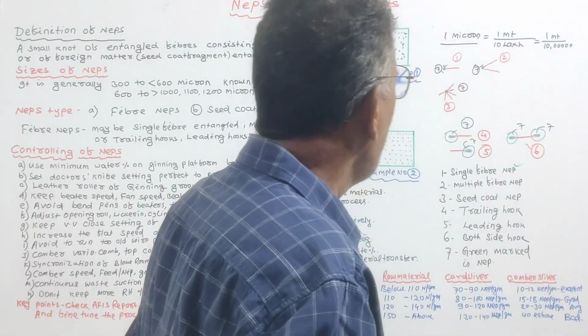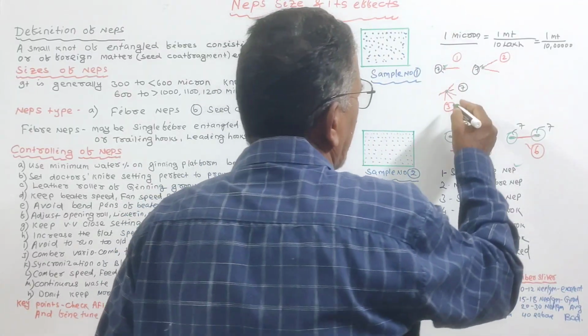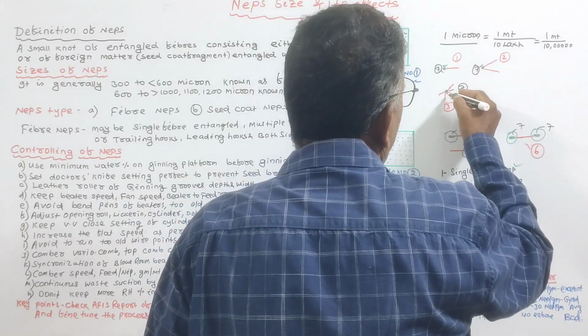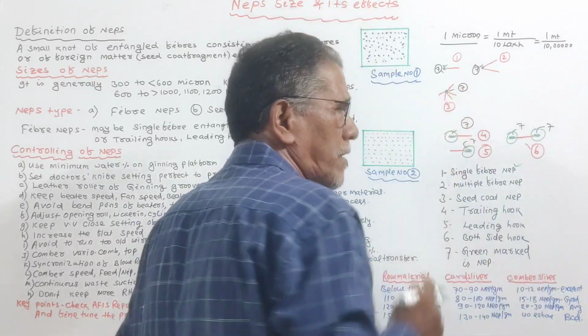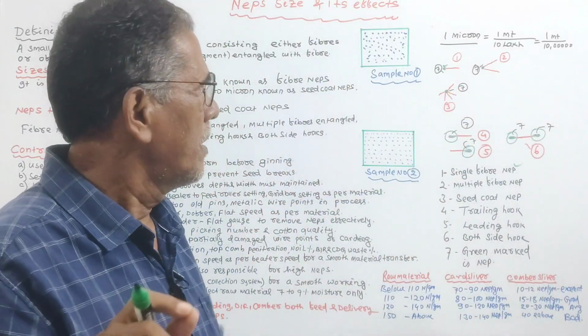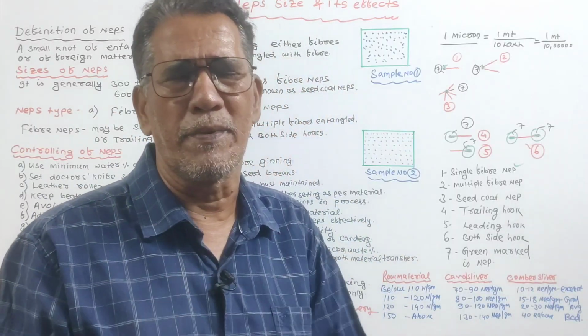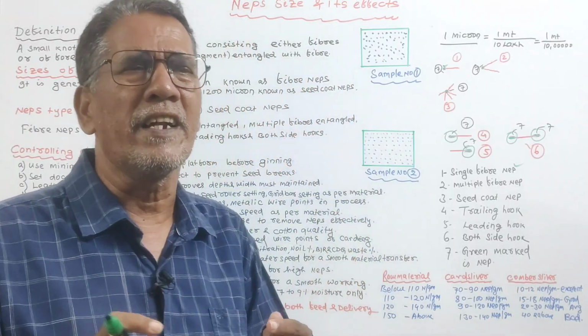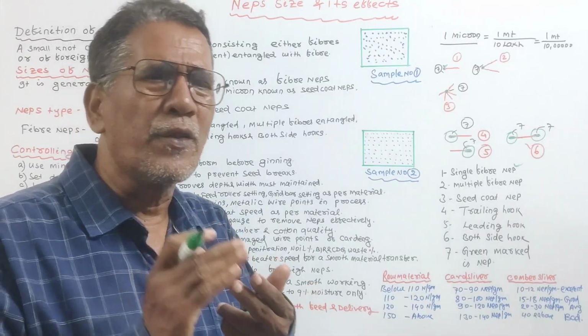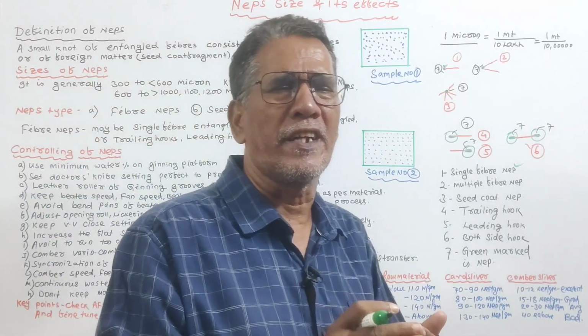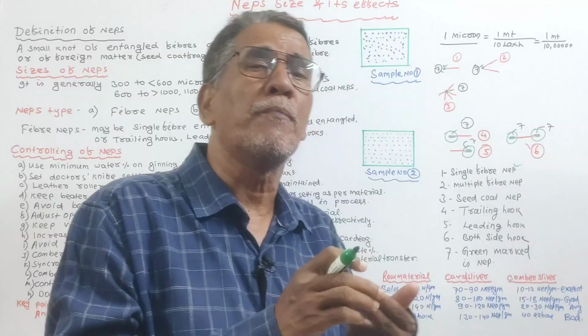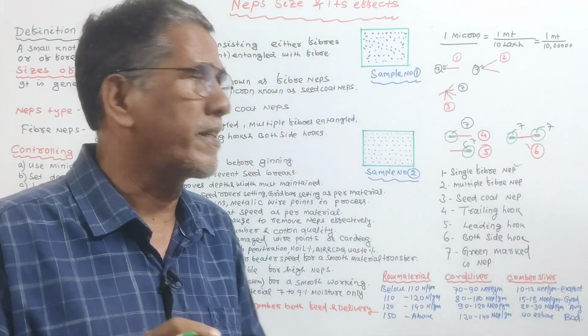And number 3 is a seed coat fragment. In the process, maybe ginning or maybe spinning, the seed is broken and the parts of the seed retain some fibers around them.